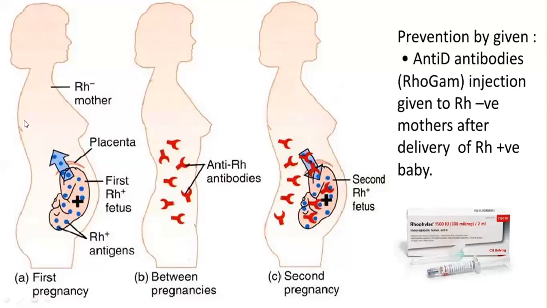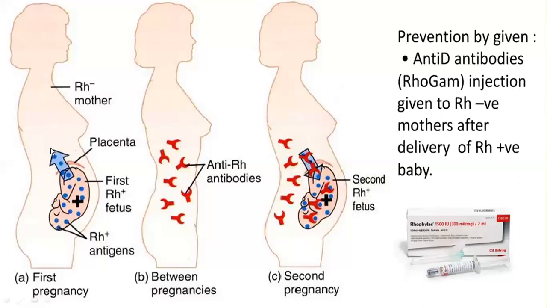So the mother won't be aware of the fetal red blood cells because of the external source of these anti-D antibodies that you've given. So she won't be immunized. She won't develop antibodies against the fetal blood because they will be destroyed before that happens.